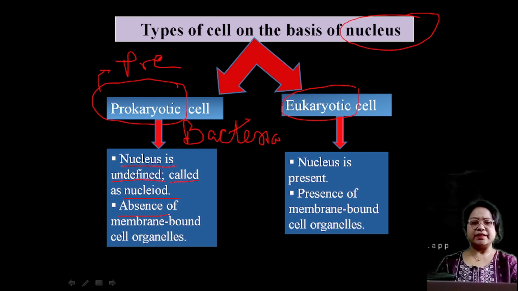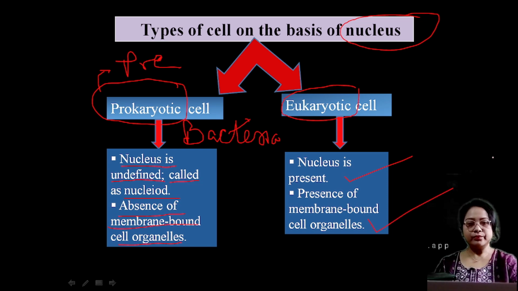And there is absence of membrane bound cell organelles, so the cell organelles that we can see in different types of eukaryotic cells are also absent in case of prokaryotic cell. And let us see what a eukaryotic cell contains. Eukaryotic cells have a very well defined nucleus and presence of membrane bound cell organelles also.